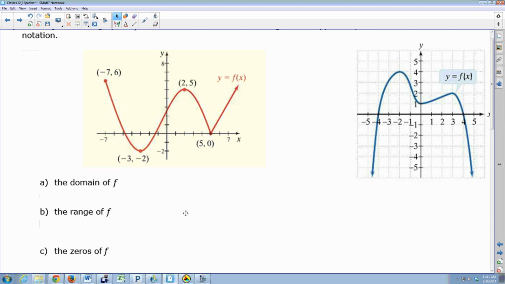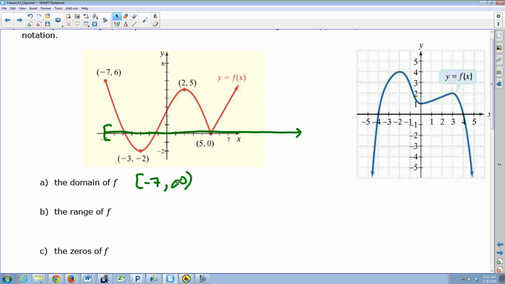Okay. What would be the domain? We'll go right around the room. Seth, what's the domain of f? Yep. Parentheses. Good. So our domain here starts at -7 and it goes forever and ever.